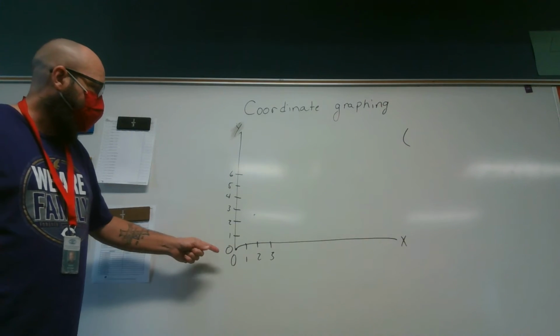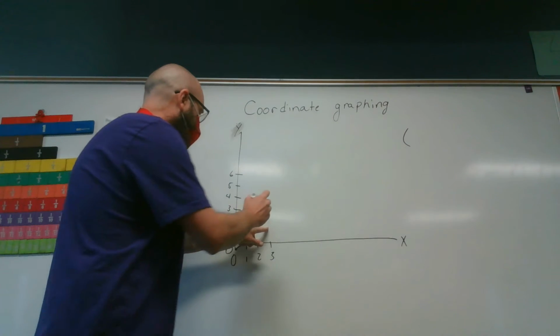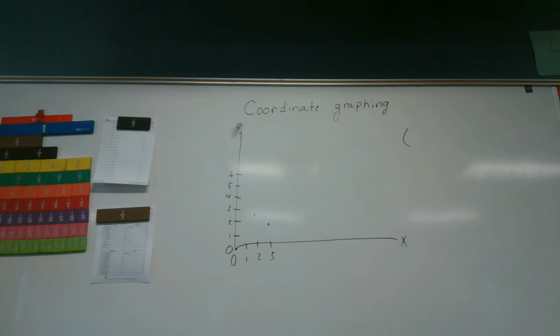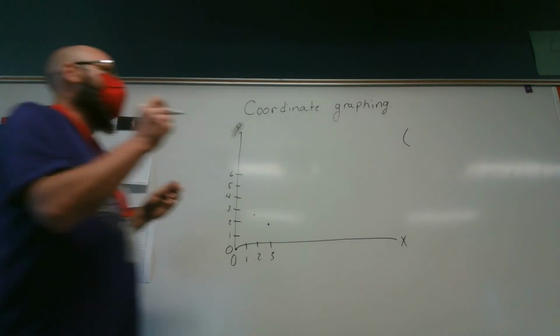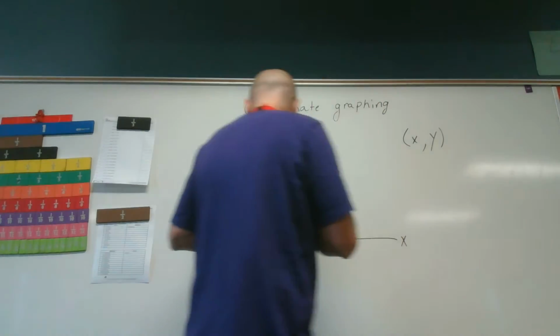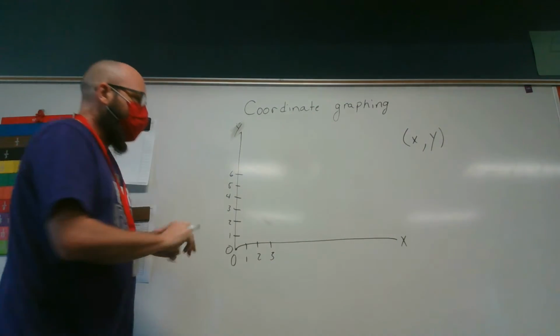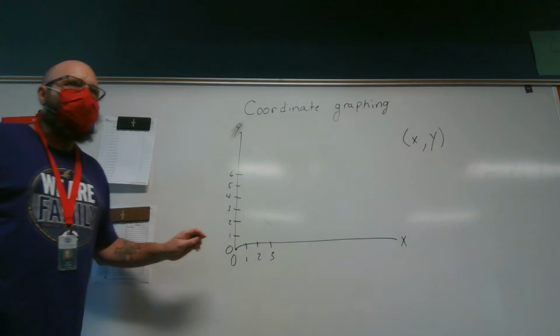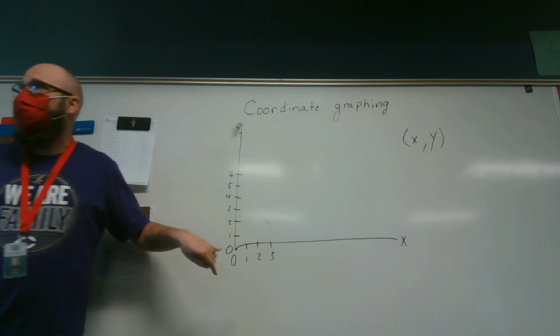And Amara might say 2, 3 is over here. So we have to have an order that we do it. The way we do it is you always do the x-axis and the y-axis in that order. The x-axis is along the bottom. And so you always start, and we start at 0, 0.